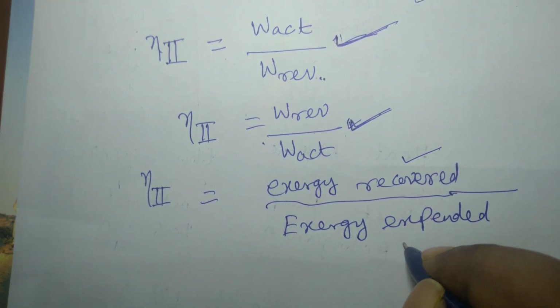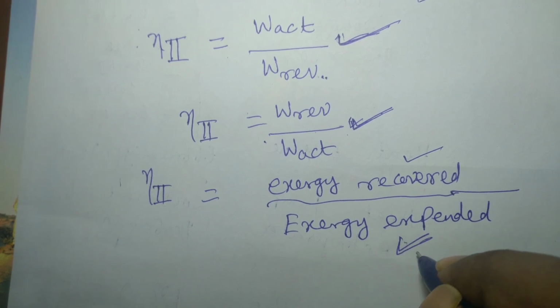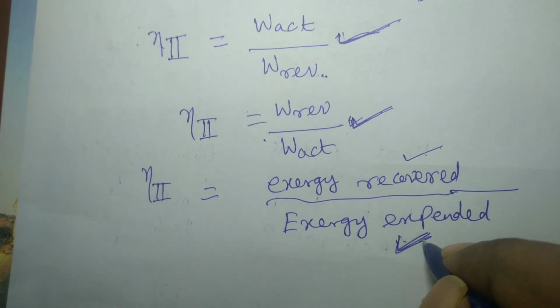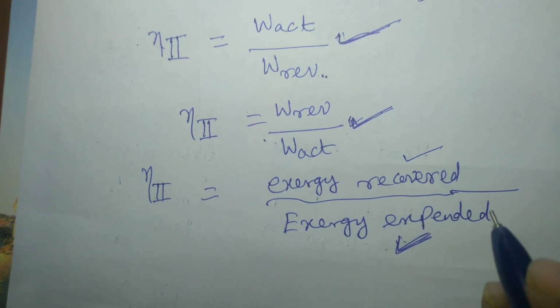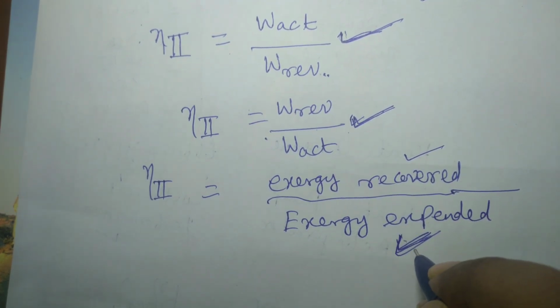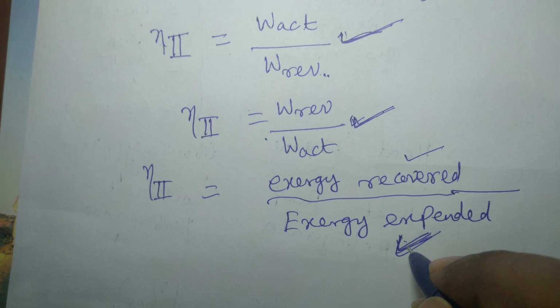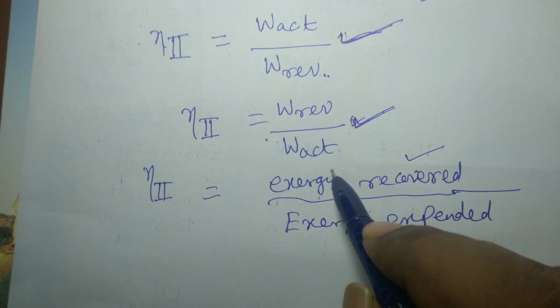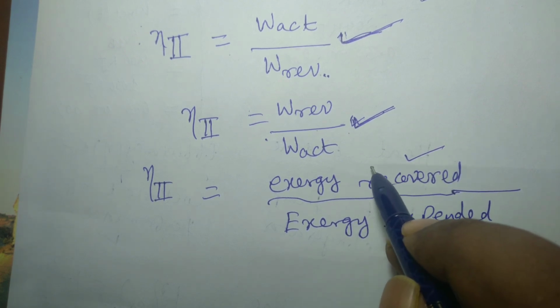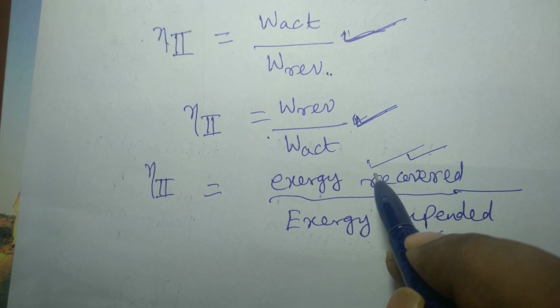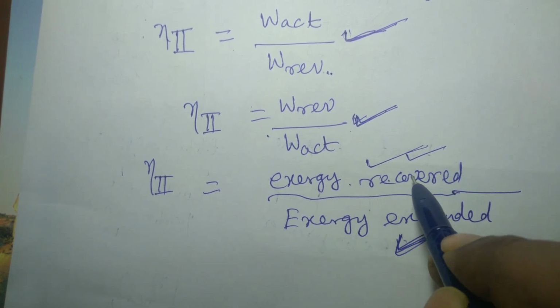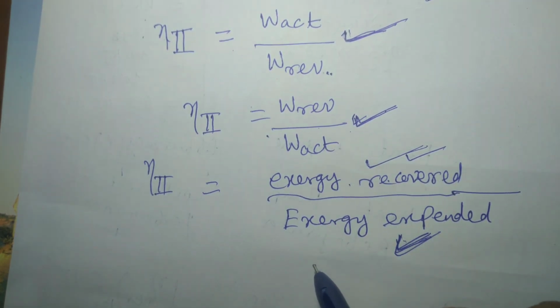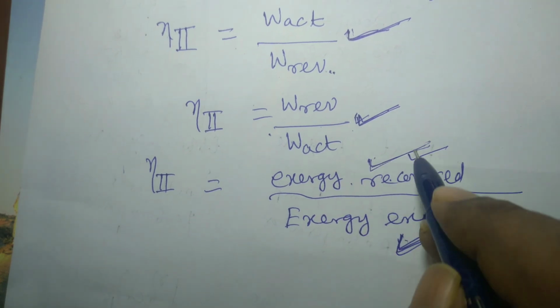Whenever someone talks about energy conservation nowadays, we have to conserve energy in terms of quality, because quantity-wise energy is always conserved according to the first law. You have nothing to do with this. So whenever you talk about conservation of energy, that means you have to minimize the destruction of exergy, because destruction of exergy is bound to happen.